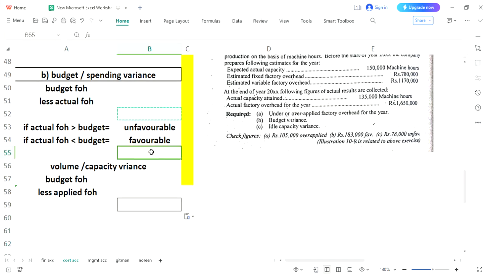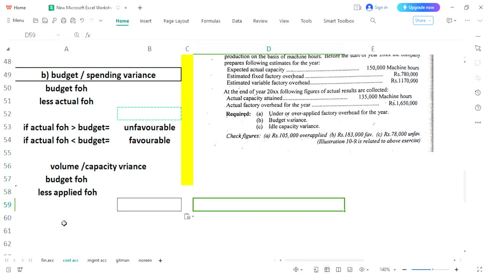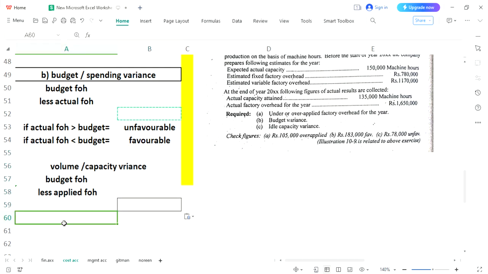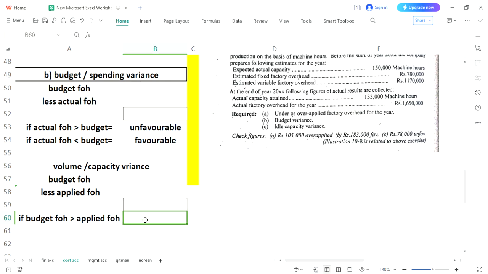After calculation of this variance, you will need to conclude whether it is favorable or unfavorable. For this, if your budget FH is more than your applied FH, it would be considered unfavorable. Why? Because applied is just the thinking.